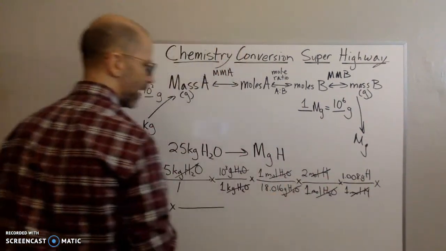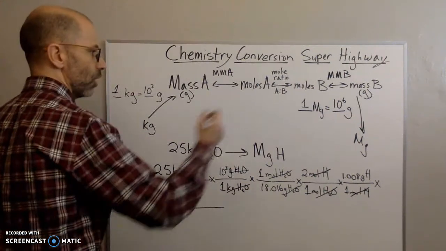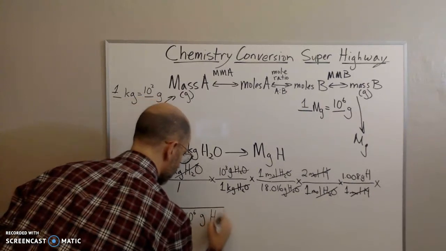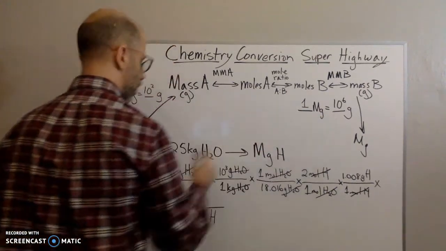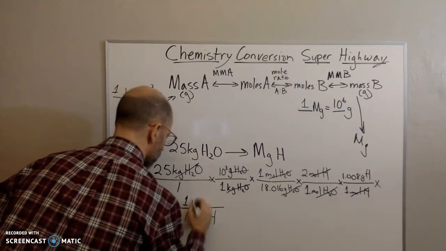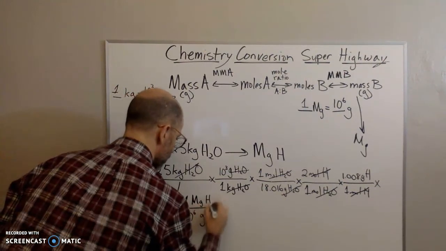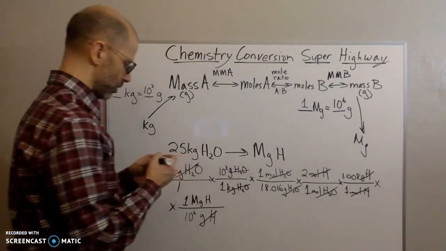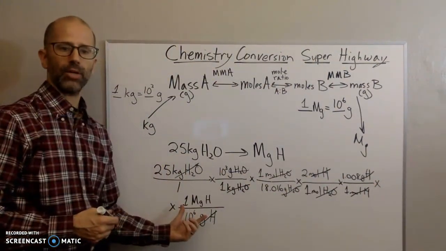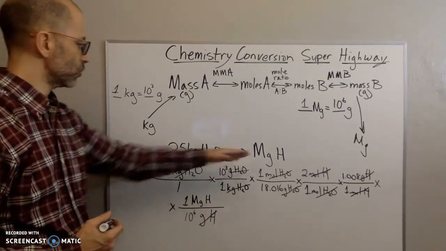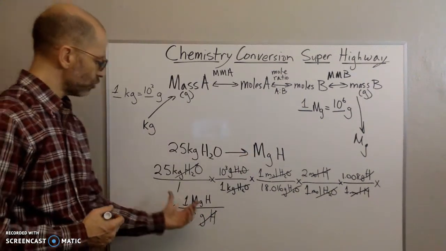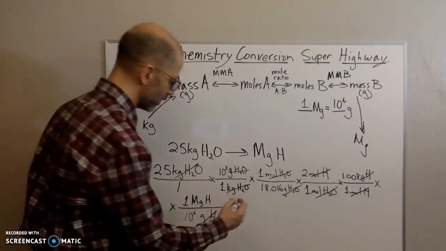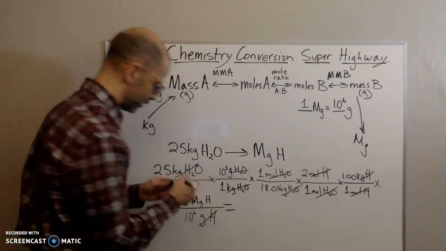I have grams of hydrogen on the top, so I'm going to put grams on the bottom: 10 to the 6 grams of hydrogen, and then 1 megagram of hydrogen on top. So the grams of hydrogen cancel out, and now I have megagrams of hydrogen. That's what the problem is asking, so I am done with the conversion factors. I have reached my destination.